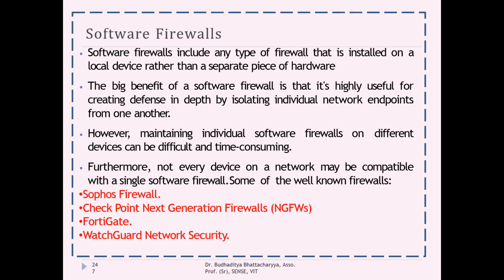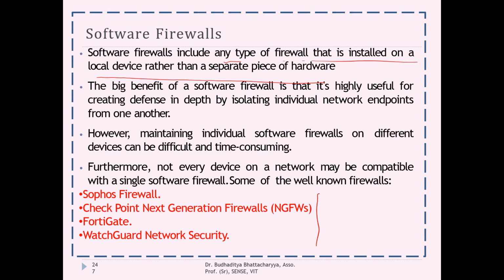In that, there are two things which I think you should also know. One of them is the software firewall. A software firewall includes any type of firewall that is installed on a local device rather than a separate piece of hardware. This is very common in all of our systems. You can see at the bottom some examples of software firewalls.